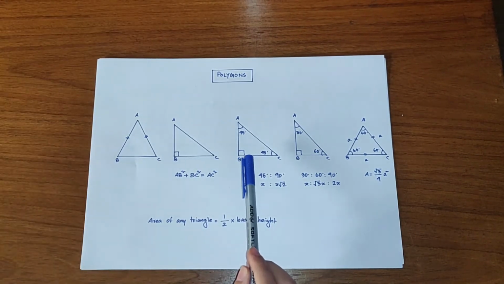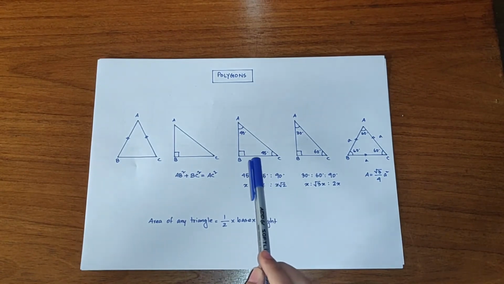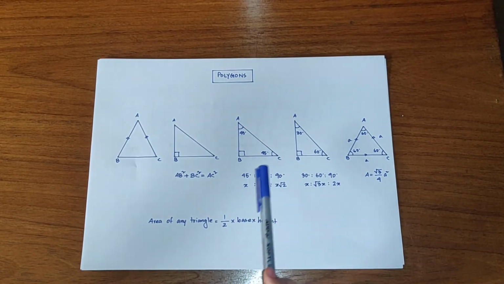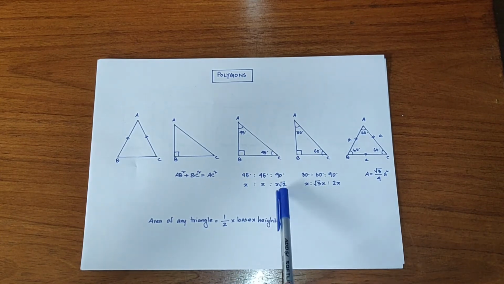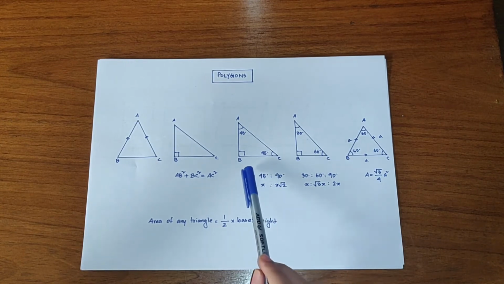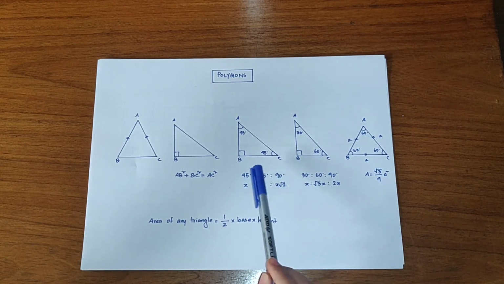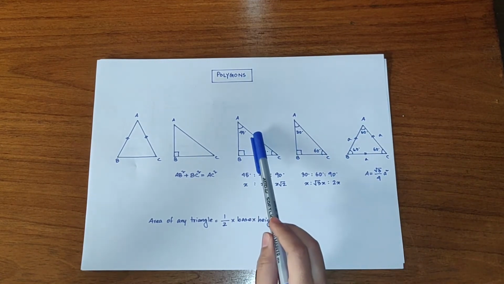This is a right triangle where the other two angles, except the 90 degree angle, are 45. In this triangle, the ratio of the sides will be x, x, x root 2, where x is the side opposite to the 45 degree angle and x root 2 is the side opposite to the 90 degree angle.